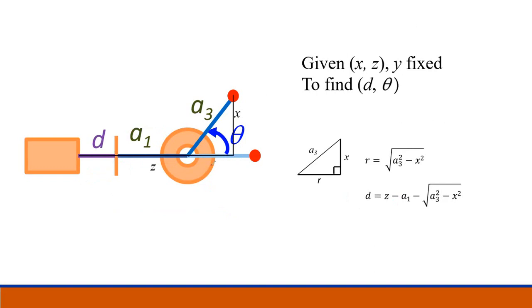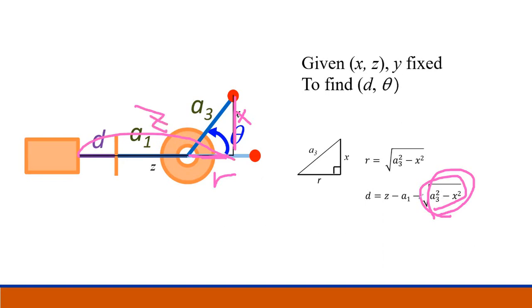The portion is r. R is calculated by this. If this one is x, going from here to here, this is the square root of a3 squared minus x squared. Your total length from here to here is actually g.